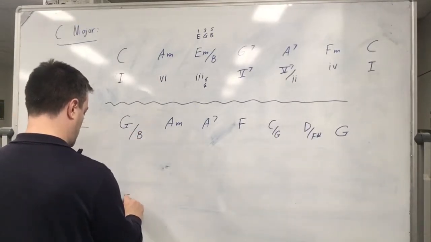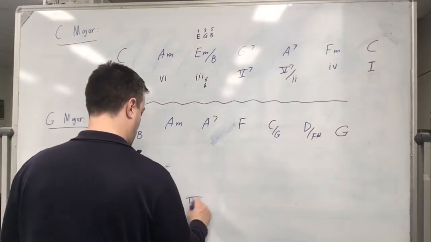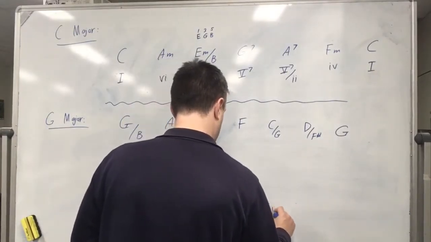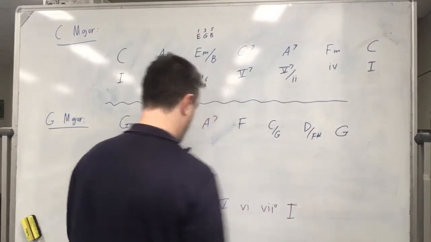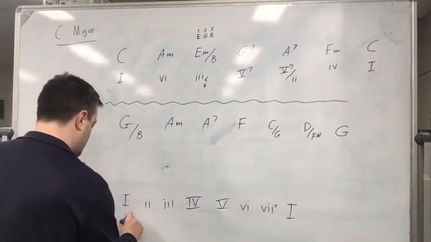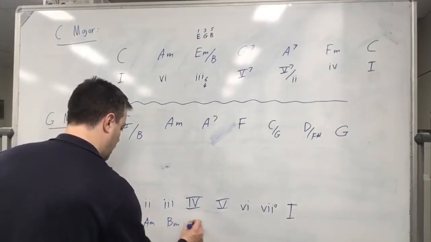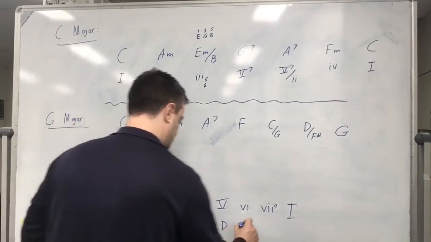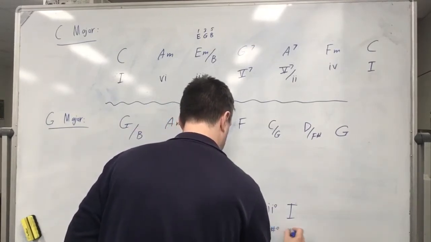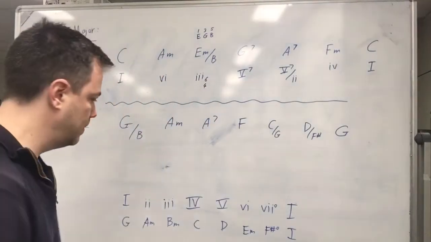So we're going to go chord 1, 2, 3, 4, 5, 6, 7, which is diminished, back to 1. So we write those out, remembering the key signature. So that is G, A minor, B minor, C, D, E minor, and F sharp diminished. That's our key signature, and then back to 1. Yes, you can hopefully see that.